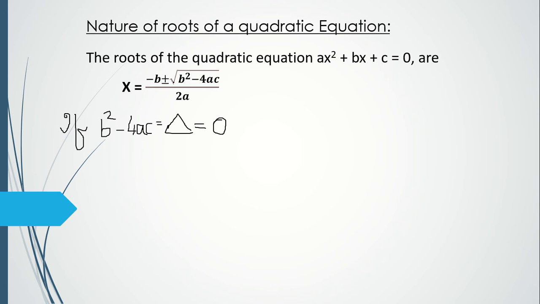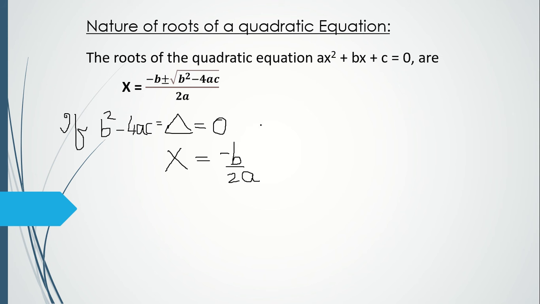This plus or minus term has vanished. So x is equal to minus b upon 2a, and the other root is also minus b upon 2a. A quadratic equation always has two roots, and in this case both roots will be minus b upon 2a.